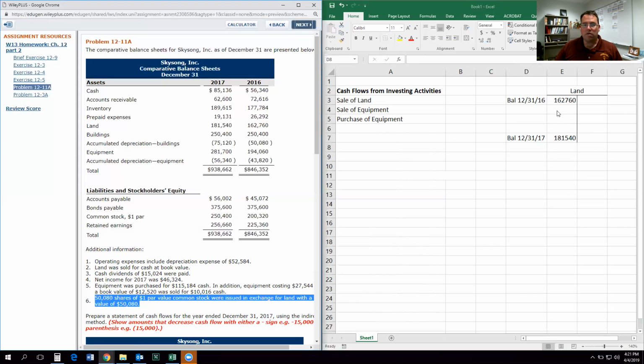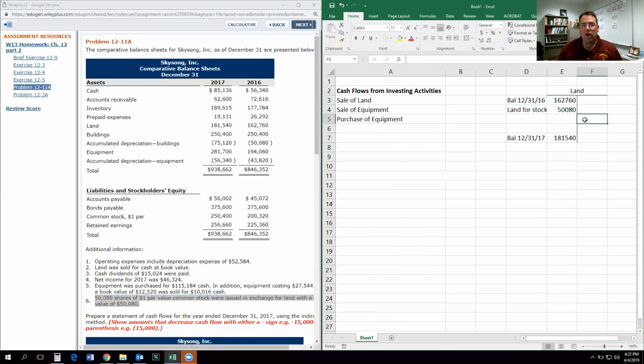So now I'm going to have to say, okay, so my land went up by $50,080. So we're going to say this is our land for stock transaction.